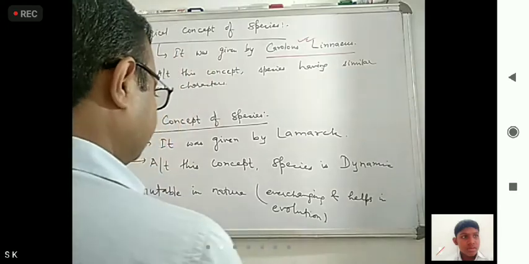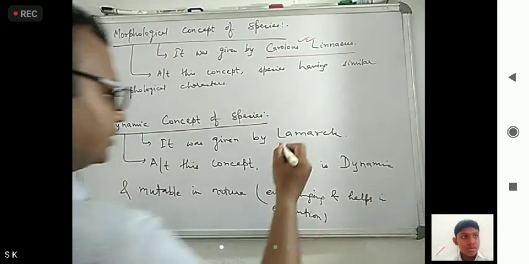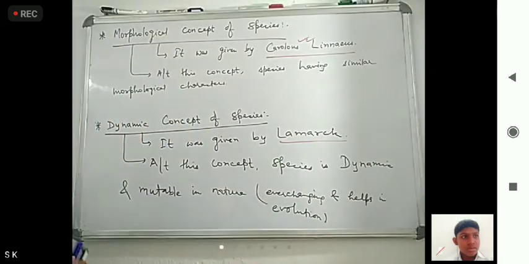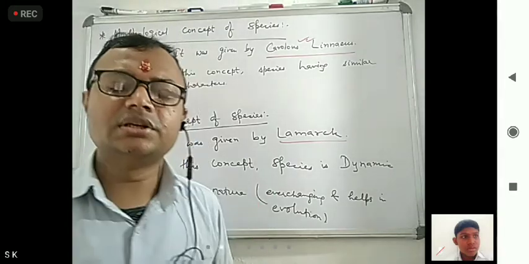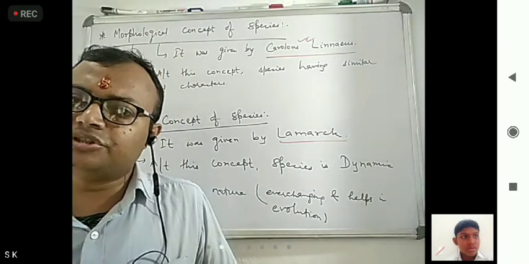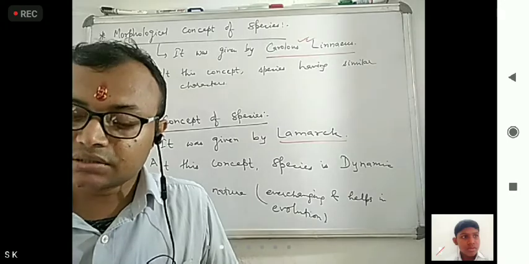You have to remember only who has given this one. So the dynamic concept of a species was given by Lamarck, the morphological concept of a species by Carolus Linnaeus, and the biological concept of a species by Ernst Mayr.